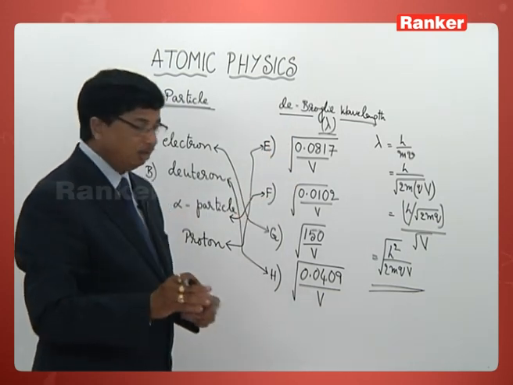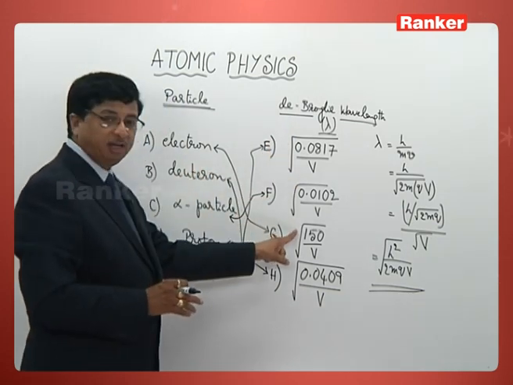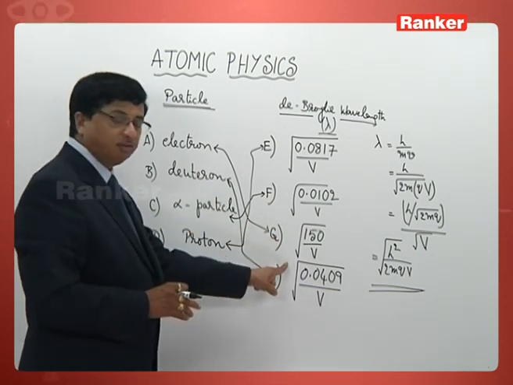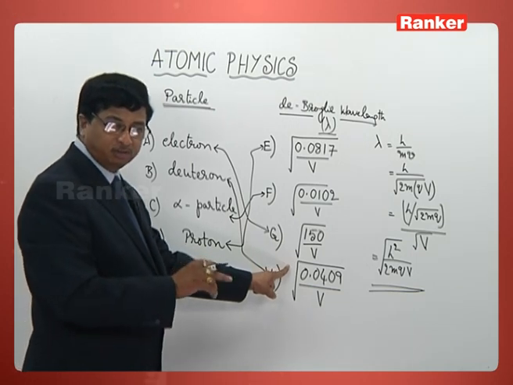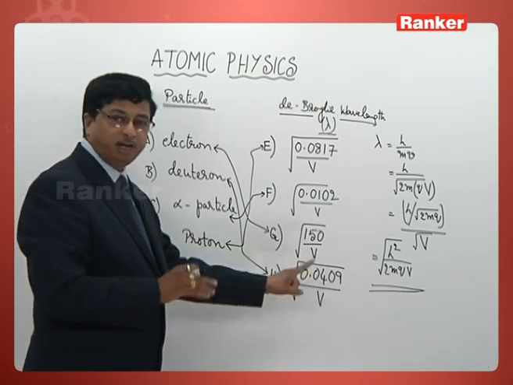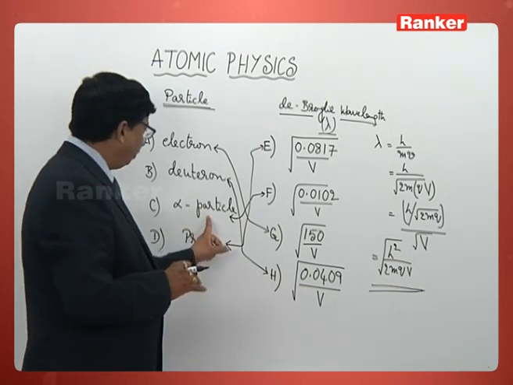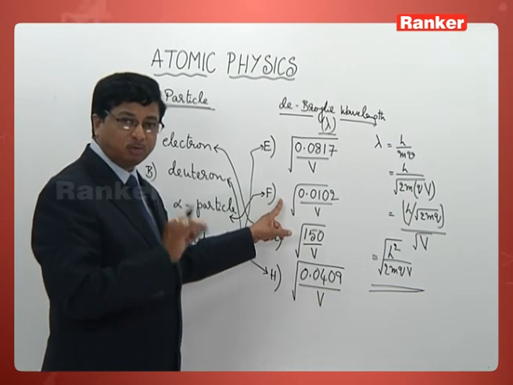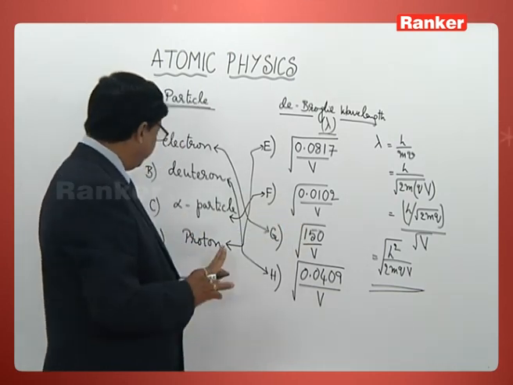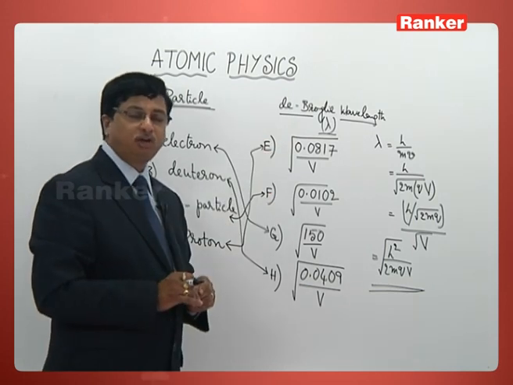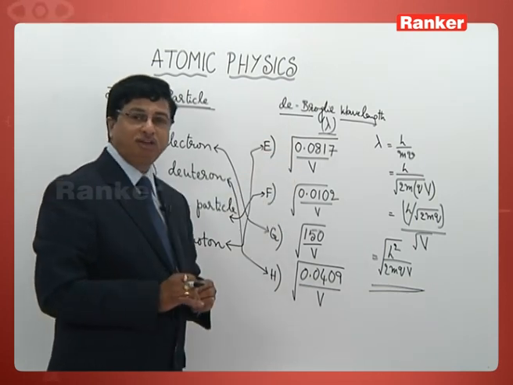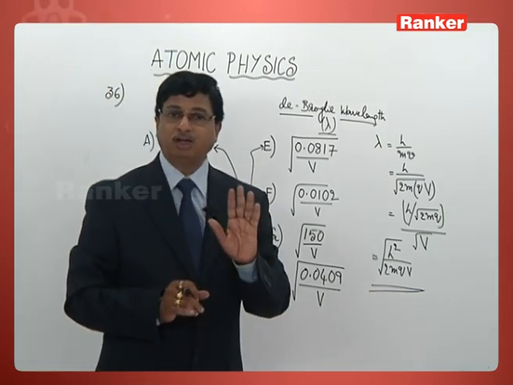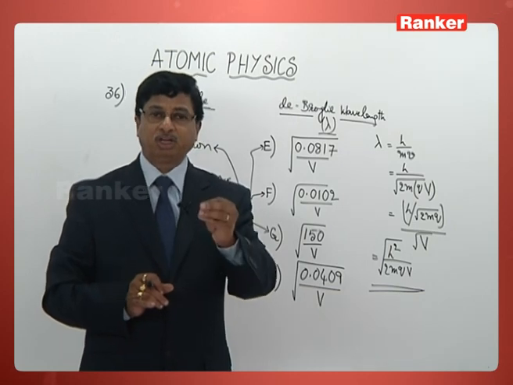I once again repeat, for an electron, it's simply under root 150 by V. For a deuteron, it is root over 0.0409 divided by V. And of course, for alpha particle, it is under root 0.0102 divided by V. And for the last one, proton, it is under root 0.0817 by V. In fact, to make you aware of these four values directly, we have taken up this problem.